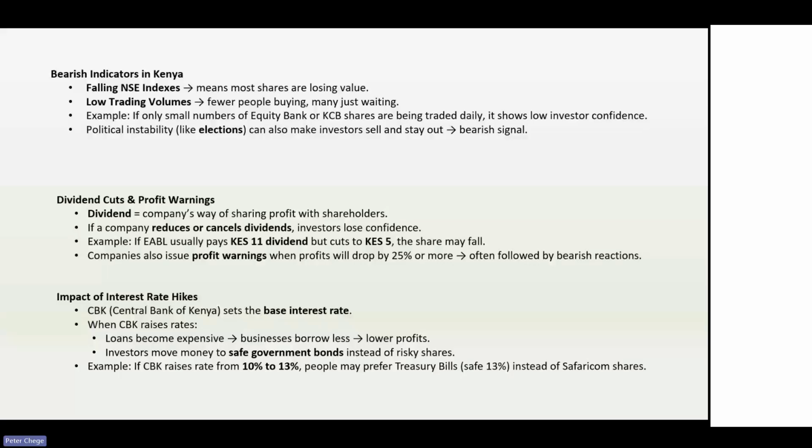In most cases, either they are reporting a loss or reduced profit or extraordinary profit. So that time you need to also check the market because each announcement has its own effect. If many companies are announcing profit warnings, then it will affect NSE share index because it means that day we all panic, go and start selling, prices move down.